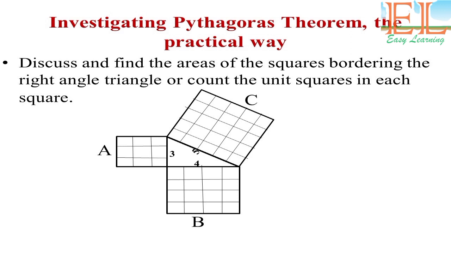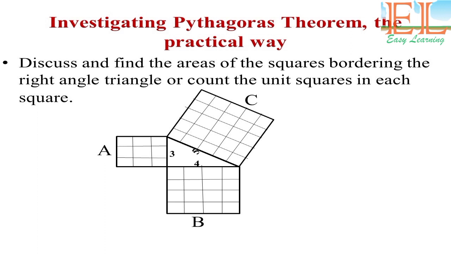Where we have the 3, we create an area to form a square: 3 spaces of length and 3 spaces of width, meaning we are going to get 9 square units in square A. Then we come to square B, where we have length 4, so we get width also 4 to become a square. So we have the unit area over there to be 16.